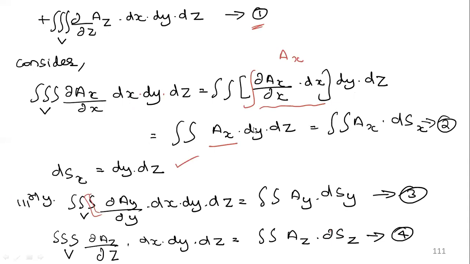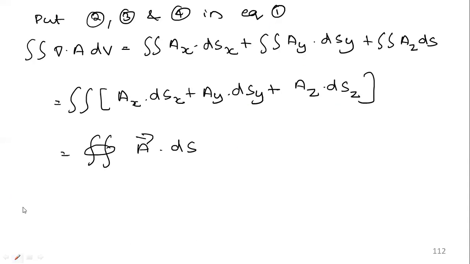Similarly everywhere you can write the same. So we get the double integral of ax dot dsx plus ay dot dsy plus the double integral of az dot dsz. So you obtained a new equation. We take the integration term outside. What is this? This is the same as A dot ds.